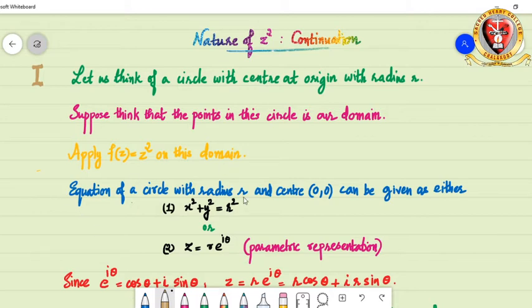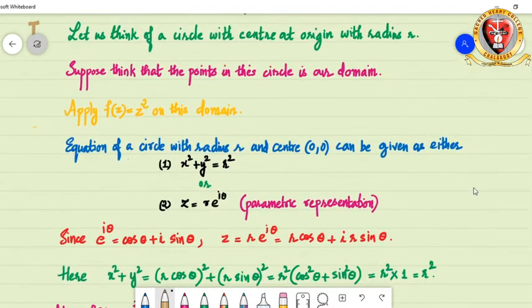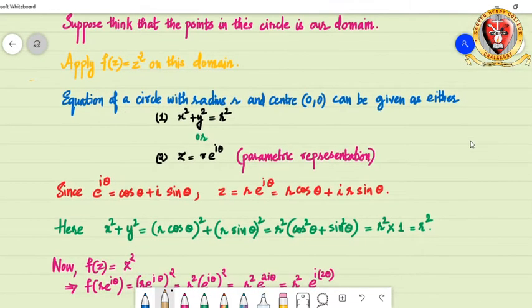Okay, so we know that a circle with radius r and center at the origin is given as an equation x square plus y square is equal to r square in the normal form, and in the parametric representation we write it as z is equal to r e raised to I theta in the complex plane. Here by De Moivre's equation we had proved that the exponential function in the complex plane behaves like this: e raised to I theta is equal to cos theta plus I sin theta.